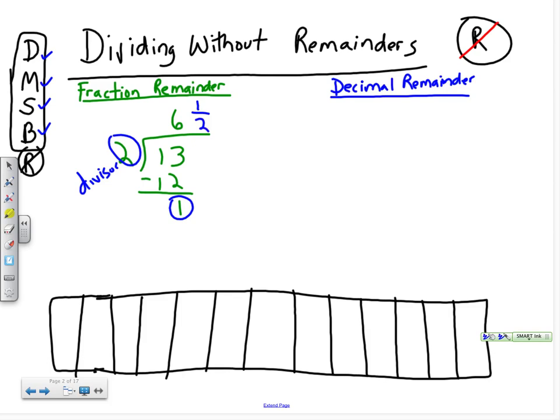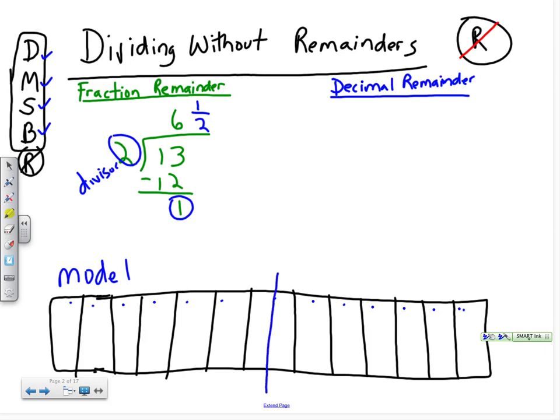And here's a model of what that actually looks like. So I have 13 bars down here. 1, 2, 3, 4, 5, 6, 7, 8, 9, 10, 11, 12, 13. If I were to split these evenly in half, 1, 2, 3, 4, 5, 6, and a half is right here.